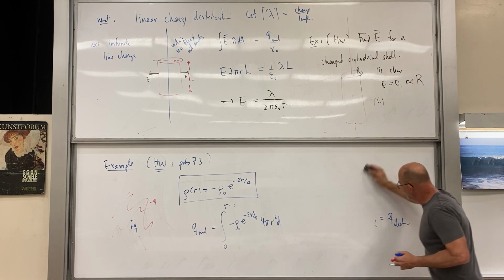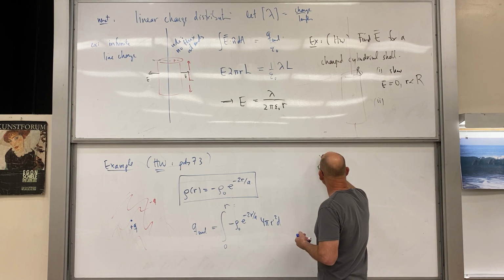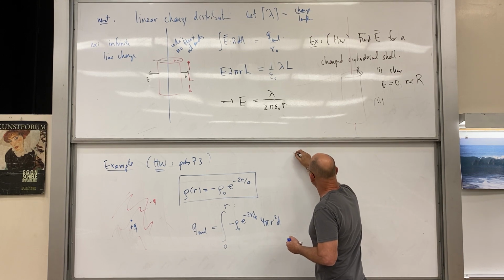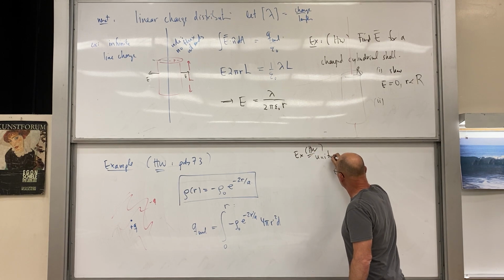Now, the next one will be a cylinder, charge. So the next example, also homework, uniformly charged cylinder.